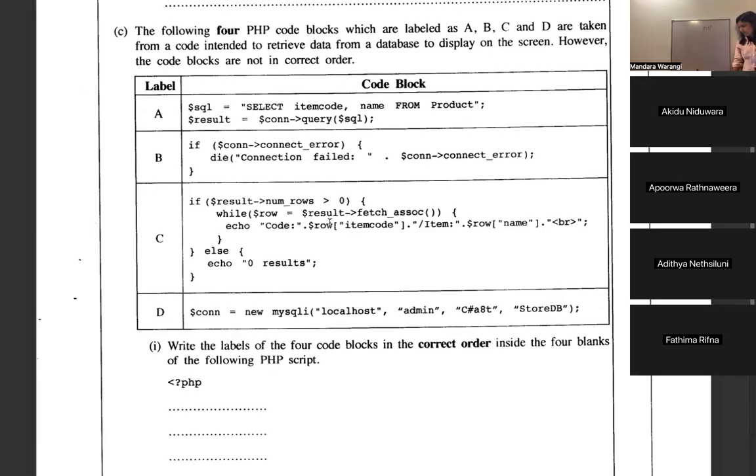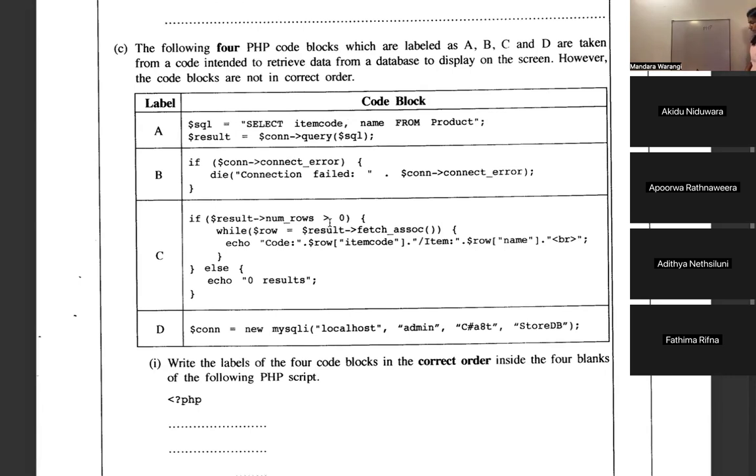PHP is a server-side language, right? In PHP, what they normally ask, even in this question, is the PHP and database connection. This is what they normally ask, right?